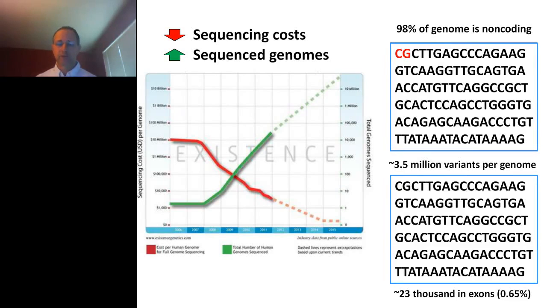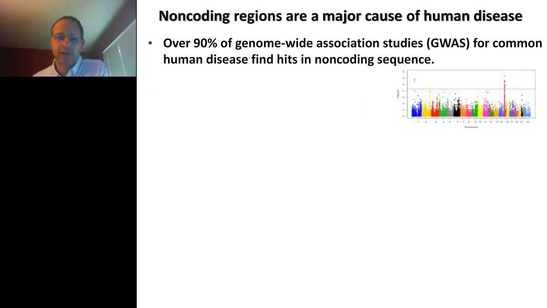To illustrate this here, this would be the small little red part of the C in terms of having variants in exons. So we have this vast genomic space to search for regulatory elements, and in it lies most of the variation that we get from sequencing genomes, and we really don't have an understanding of what it does.